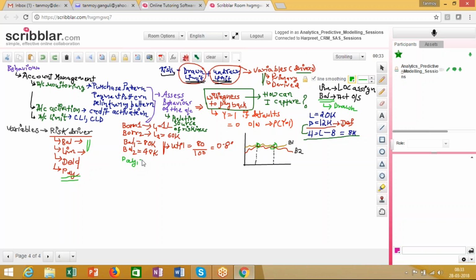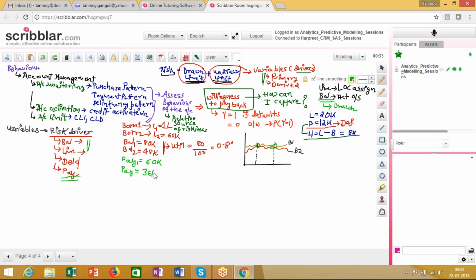So say the first borrower pays back 60,000 and the second borrower pays back 36,000.